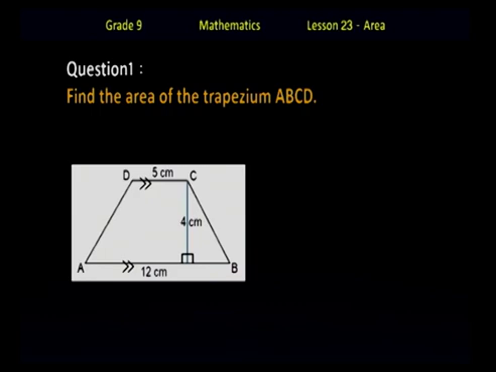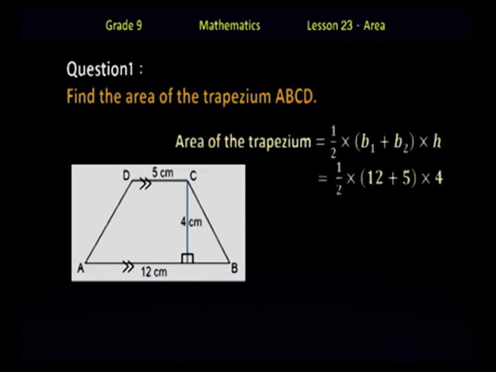AB and DC are the parallel sides, so you should know the perpendicular height between AB and DC. It is given as 4 cm. Then how can you write your answer? It is half into 12 plus 5 into 4.